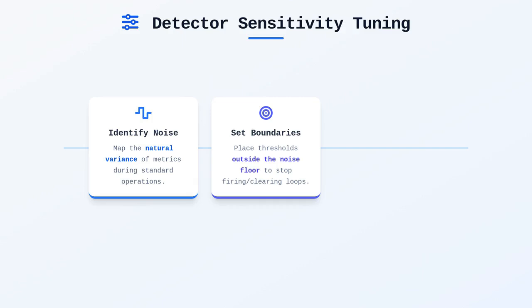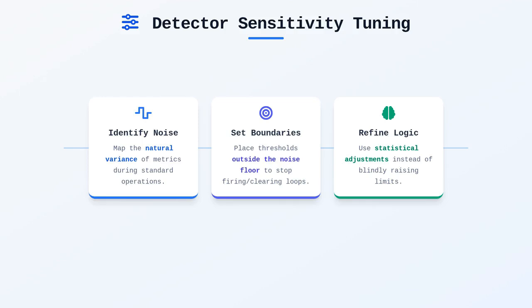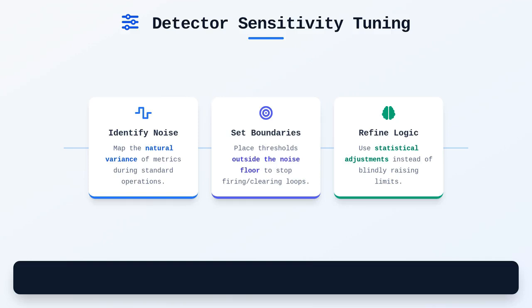If a specific component consistently floats near your limit, it is often more effective to redesign the threshold logic or apply a statistical adjustment rather than simply raising the alert limit blindly. Consistent, thoughtful calibration ensures that your alert notifications act as a high-fidelity instrument rather than a source of persistent, distracting chatter.